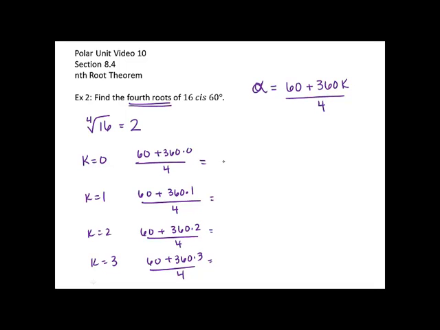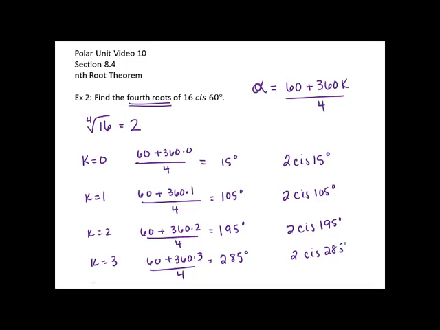So the first one gets me 15 degrees, the second 105 degrees, the third 195 degrees, and the fourth 285 degrees. So my answers are 2 cis 15, 2 cis 105, 2 cis 195, and 2 cis 285.